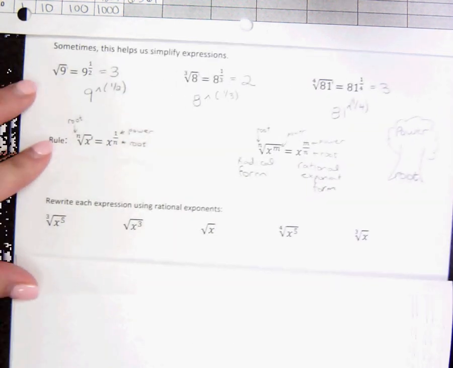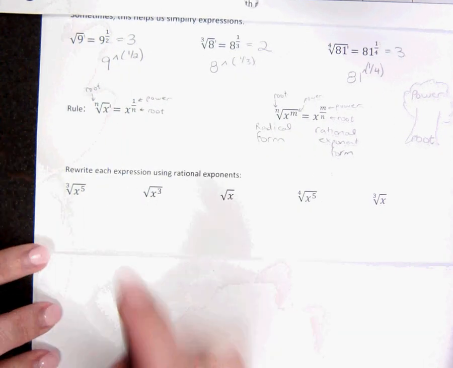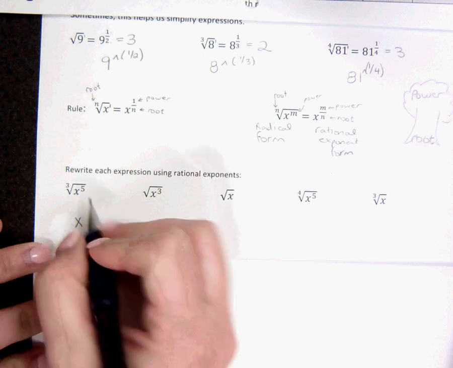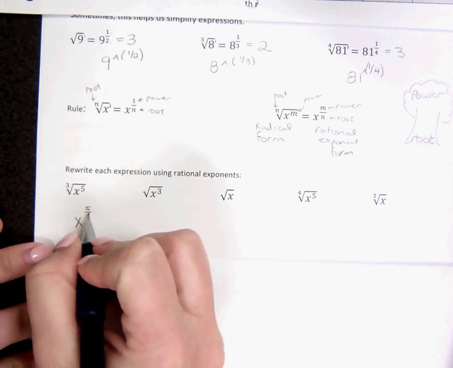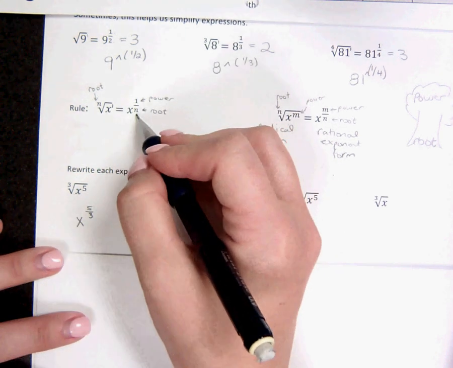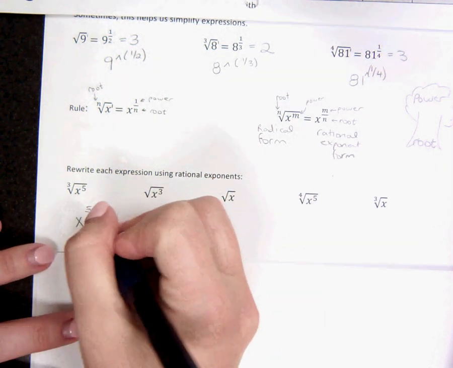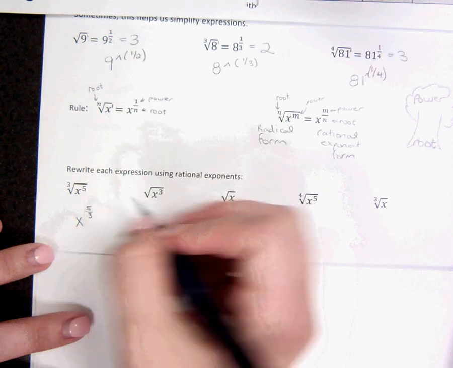So let's rewrite each expression using rational exponents. So x is your base, 5 is your power, 3 is your root. And you want to make, it's kind of hard to see on the typed version, but the exponent should be higher than the problem. You want to make sure it looks like it's an exponent. The entire fraction 5/3 is an exponent.